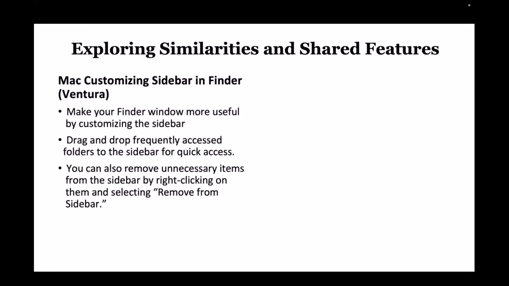One of the things that you'll want to do on your Mac is customize your sidebar in Finder. Make your Finder window more useful by customizing the sidebar. You can drag and drop frequently accessed folders to the sidebar for quick access. You also can remove unnecessary items from the sidebar by right-clicking on them and selecting Remove from Sidebar.